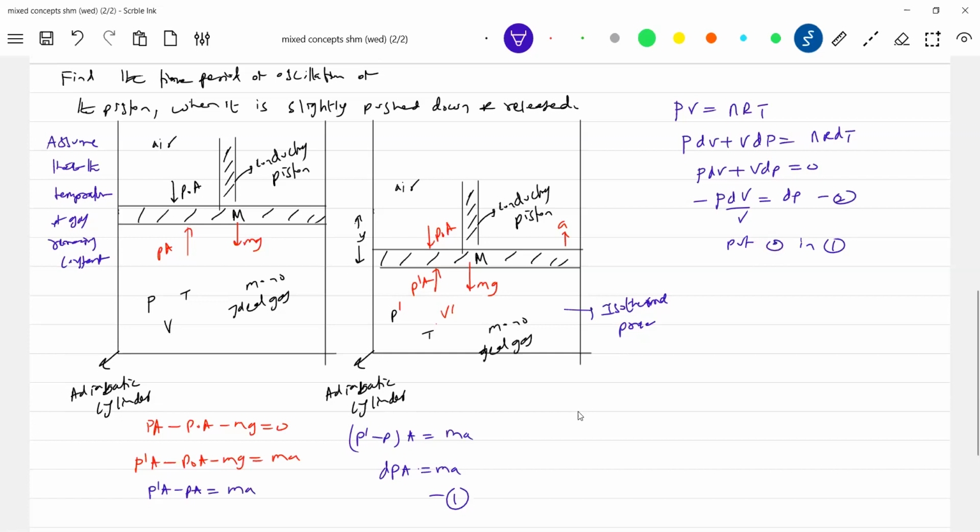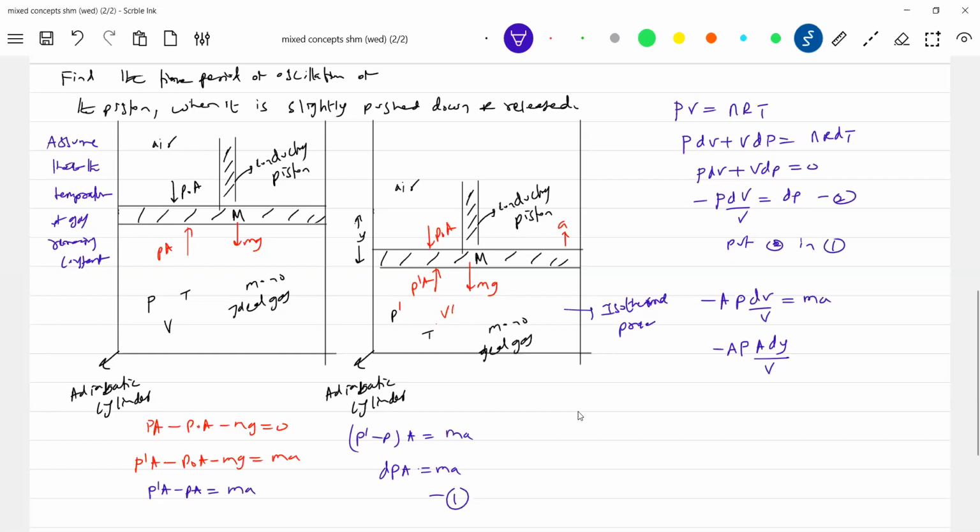Put 2 in 1. In place of dP, we can write A into minus P dV by V equals ma. What is dV? A into y, or A into dy, let me write, no problem.